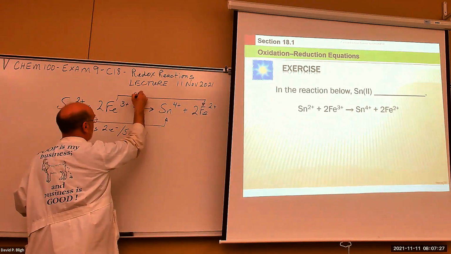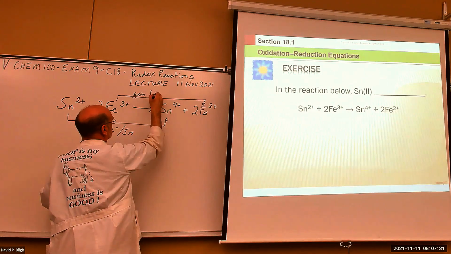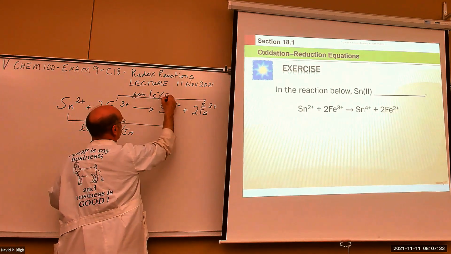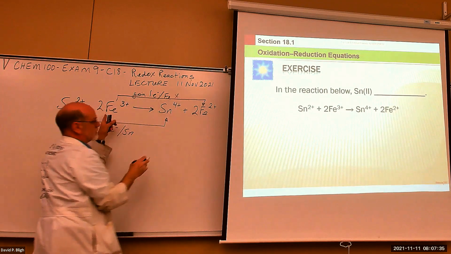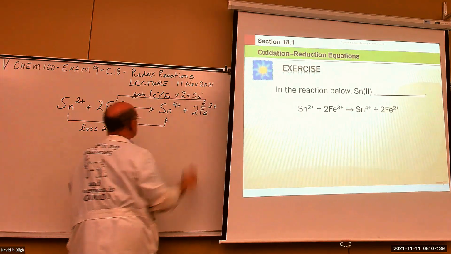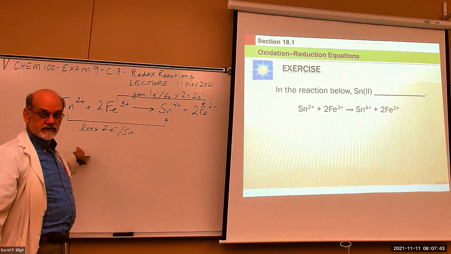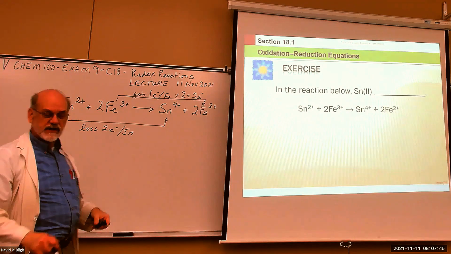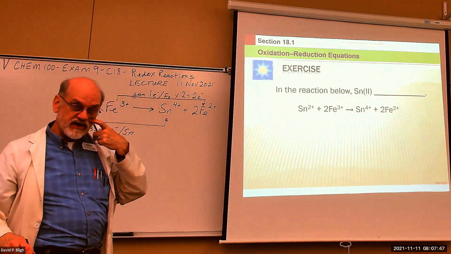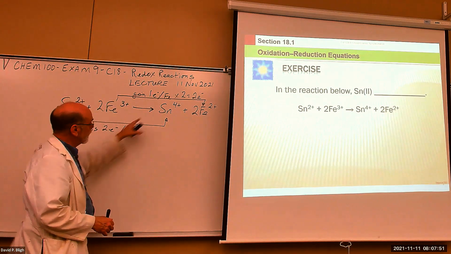So iron gained 1 electron per iron. But notice we have 2 of them. So 2 electrons were gained while 2 electrons were lost. And that's always the case. In a balanced equation, the number of electrons gained has to be equal to the number lost.